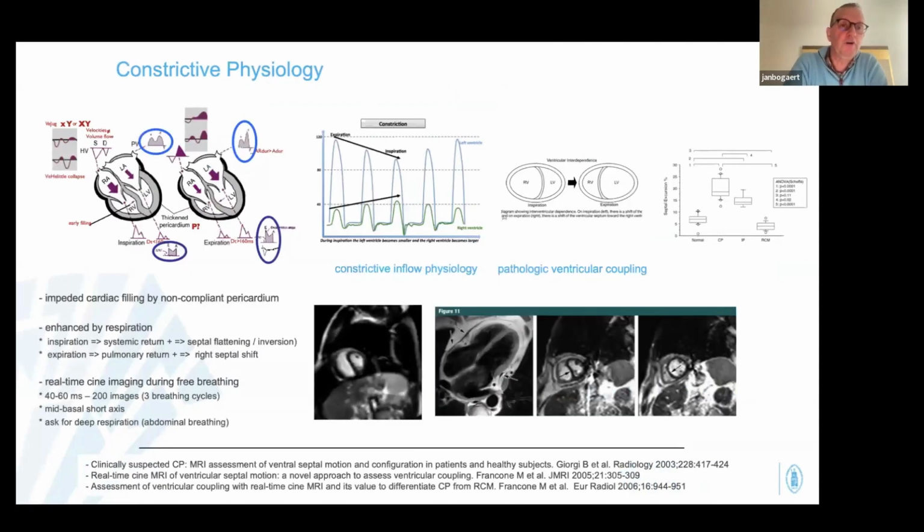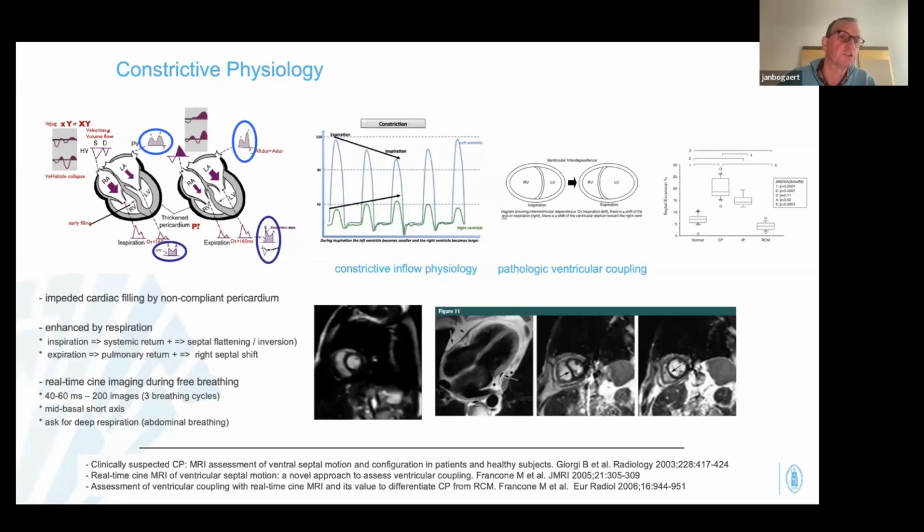So moving from morphology to physiology, as I said, the constrictive pericardium impedes the cardiac filling. In a normal condition, when you take the respiratory cycle and look at the variation of the left and the right heart filling, you see some variation.